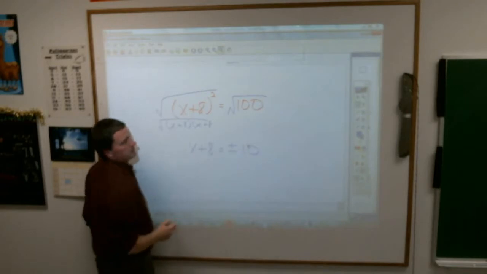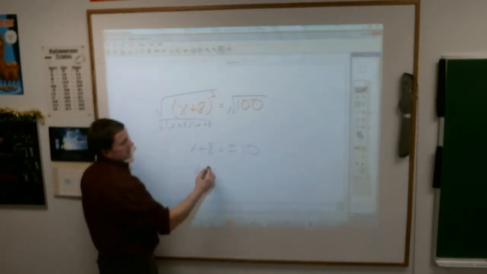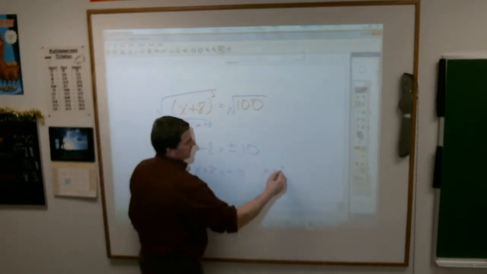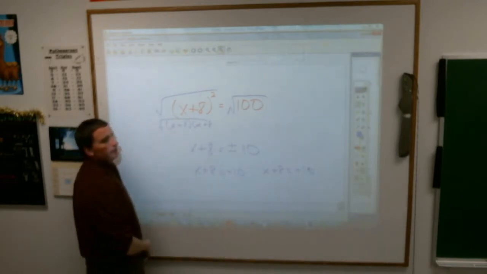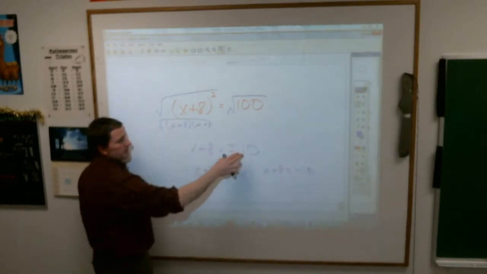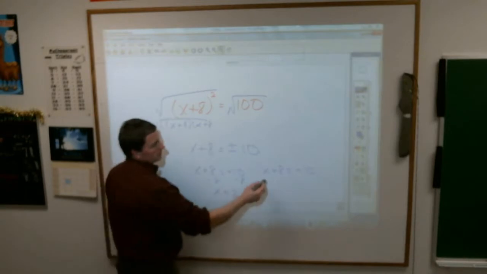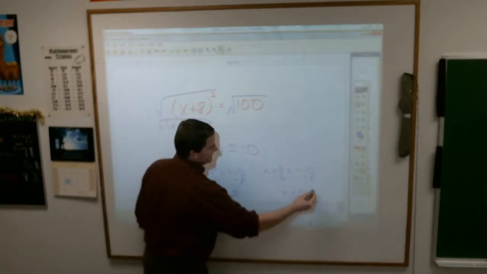You have to do both situations. Okay, so x plus 8 equals positive 10. X plus 8 equals minus 10. I have to solve both of those. One for the positive side of 10, one for the negative side of 10. Subtract 8, x equals 2. Subtract 8, subtract 8, x equals negative 18.